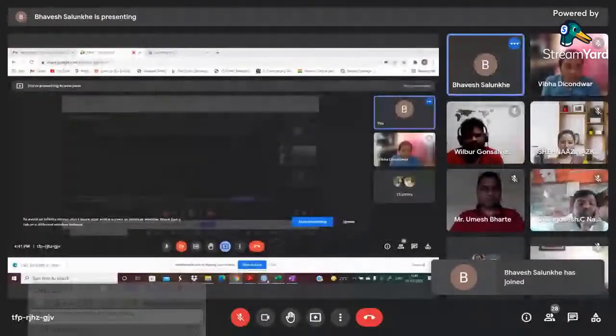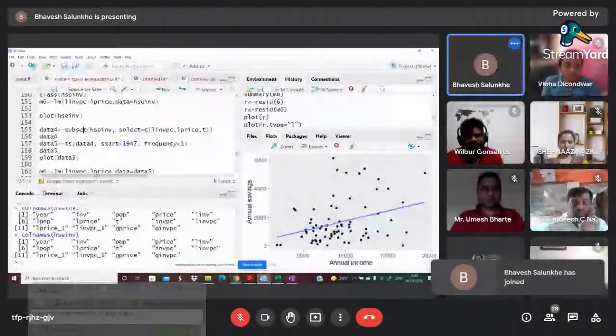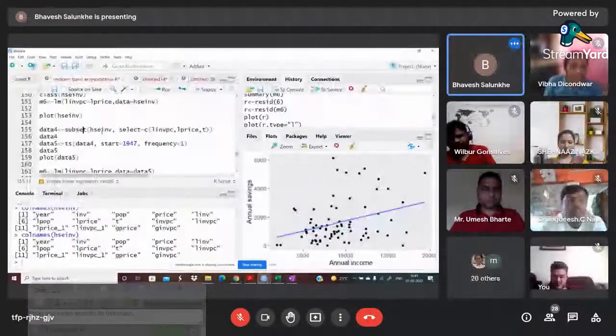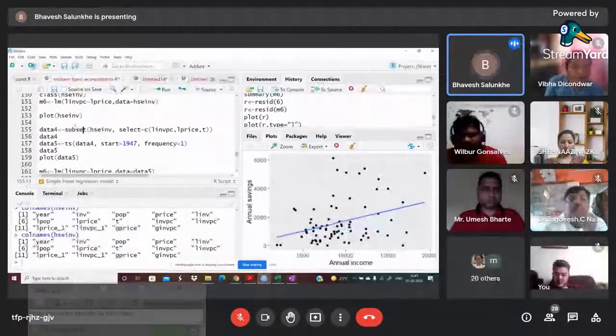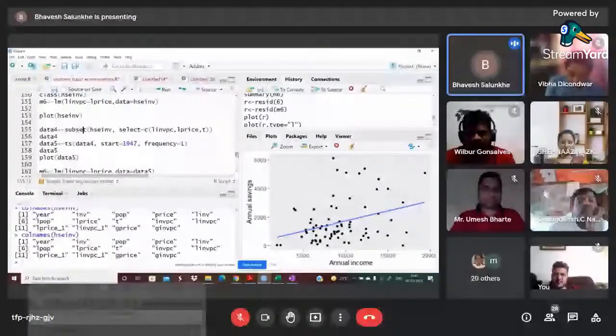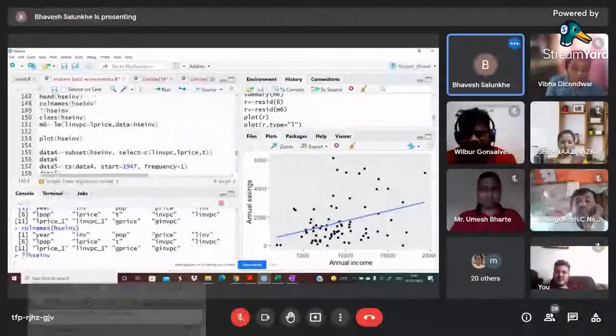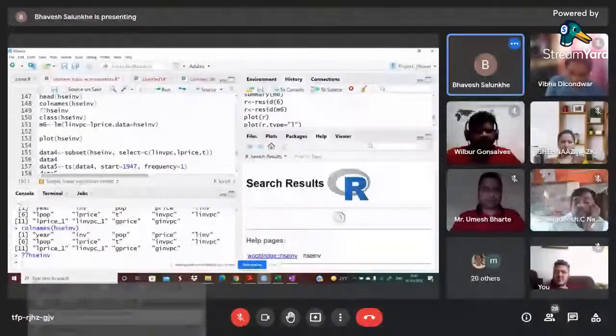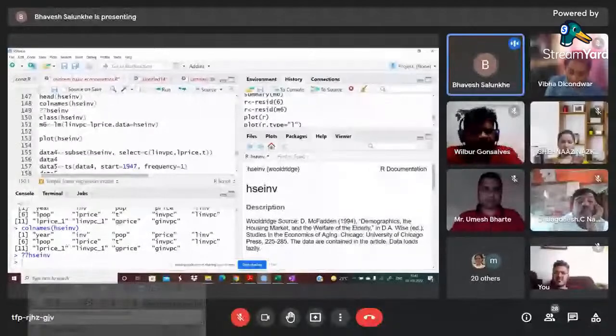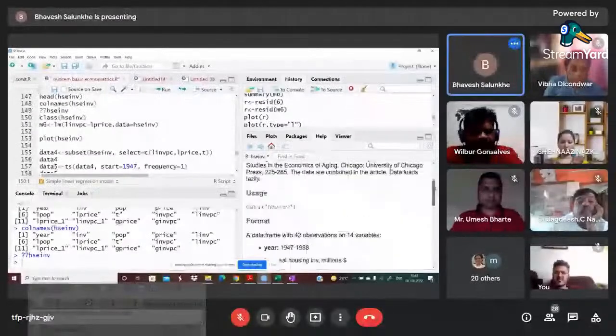So I pick up two variables from this data set. If you want to see what we have in this data, just use this help command. Click on this data. So this is the data on 42 observations on 14 variables.